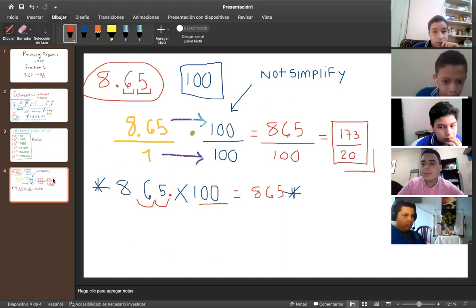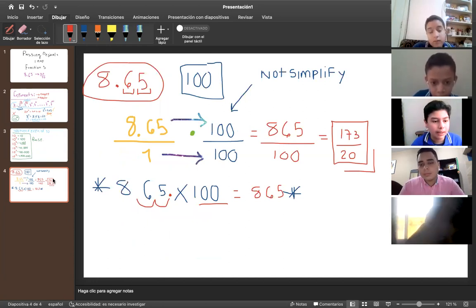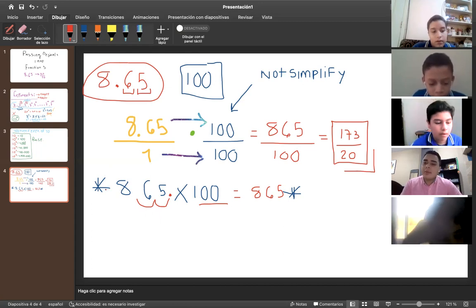Okay, Luis? Yes, sir. First, Juan Diego, and then Cesar. So we can only use the exponent of 10? Yes, just the exponent of 10, kids. Cesar, tell me.